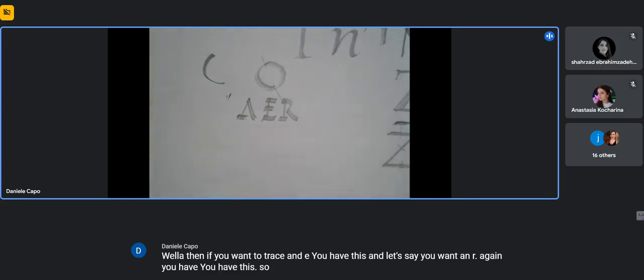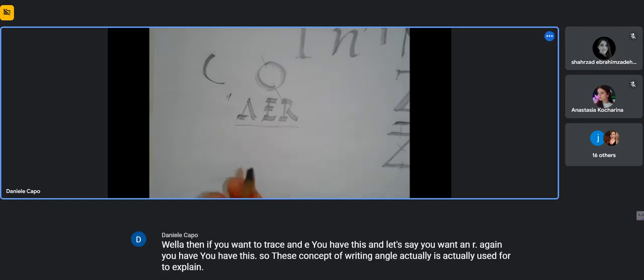So this concept of writing angle is actually useful to explain macro differences between certain letters, certain styles.